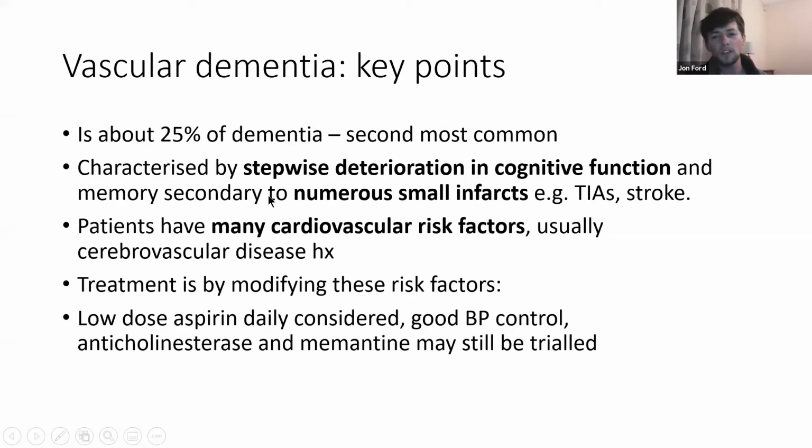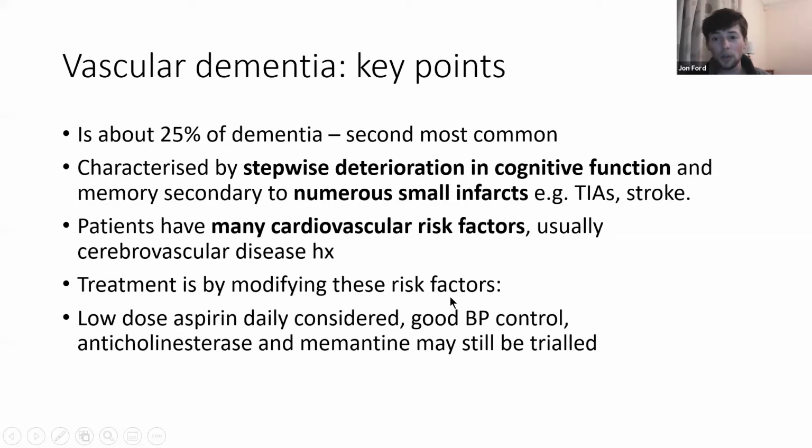So often these patients will have a history of things like TIAs, stroke, lots of cardiovascular risk factors, and that will point you in a question towards this diagnosis over perhaps Alzheimer's. But that stepwise deterioration is the key bit. And you want to modify these risk factors. What's been done has been done in some senses.